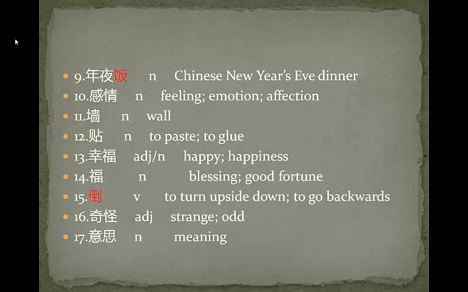What is the meaning? If we want to ask the meaning of something, you just add the thing and 什么意思. For example, you can say 年夜饭什么意思. You're asking what does 年夜饭 mean? So you can ask your teacher whichever words or sentences with this expression 什么意思.